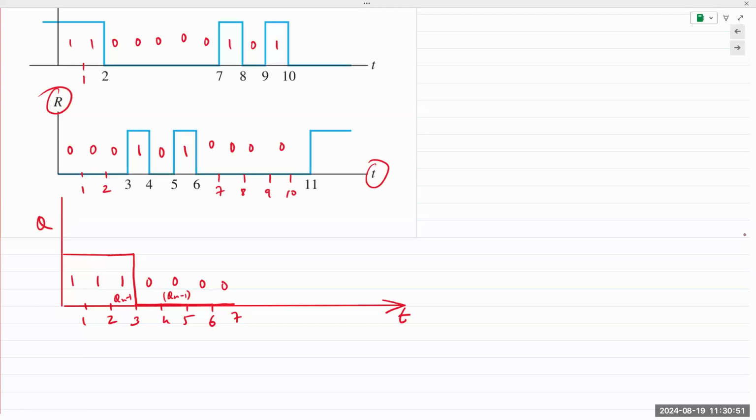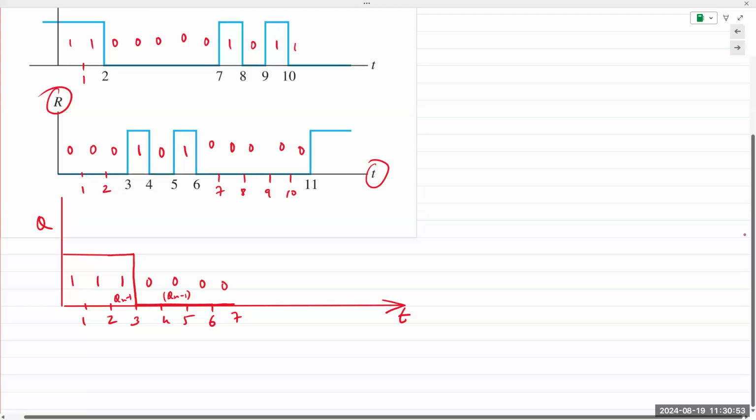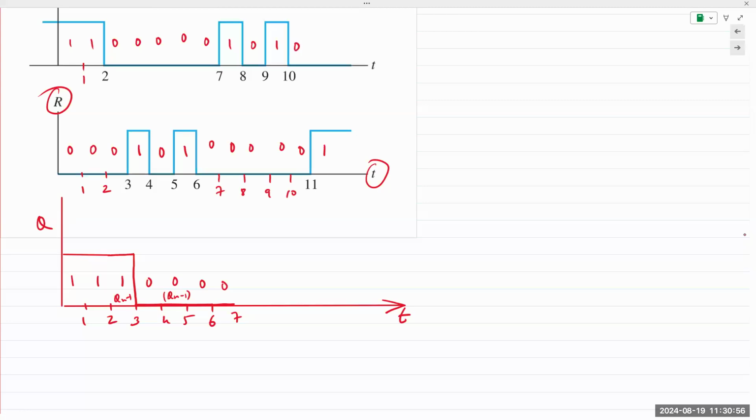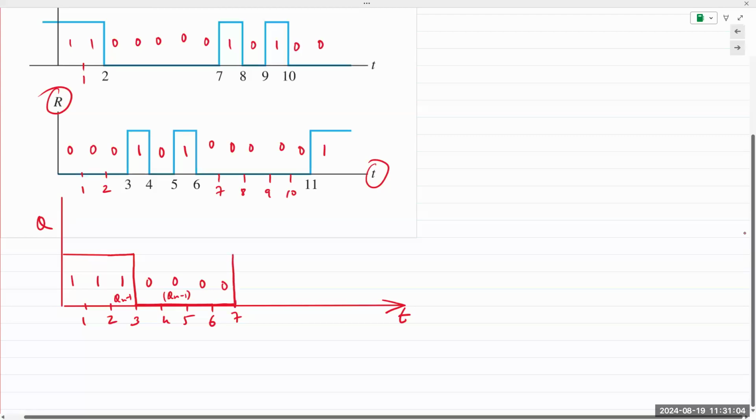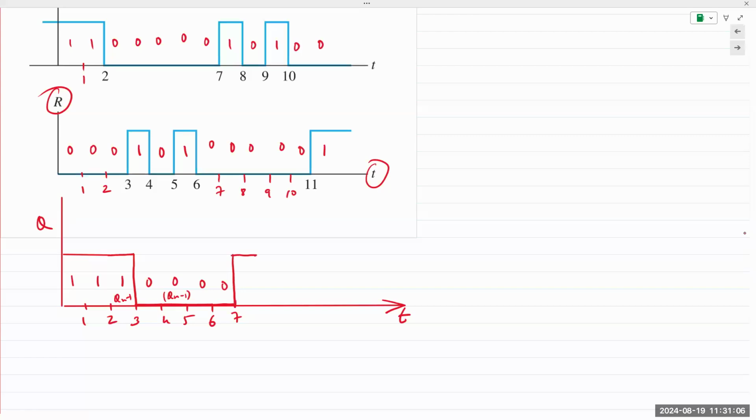0, 0, 0, 0, 0, and 0, and 1. And so from 7 to 8, output goes high. And then for 8, it remains Qn minus 1, so it remains high.